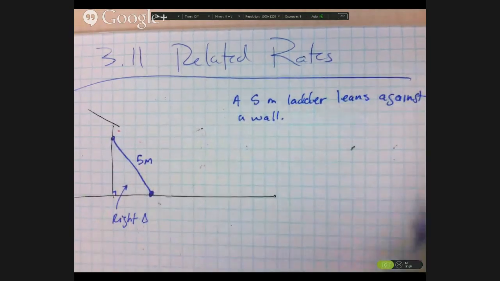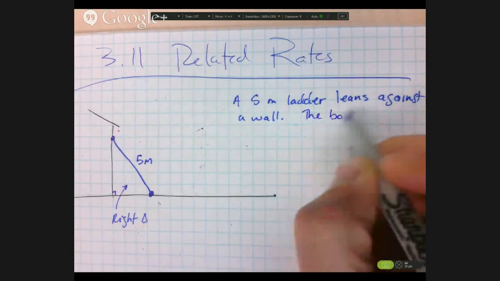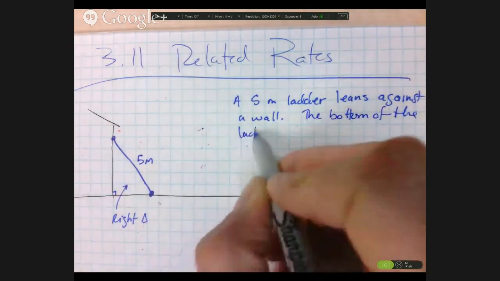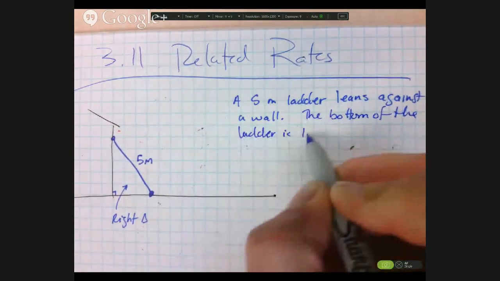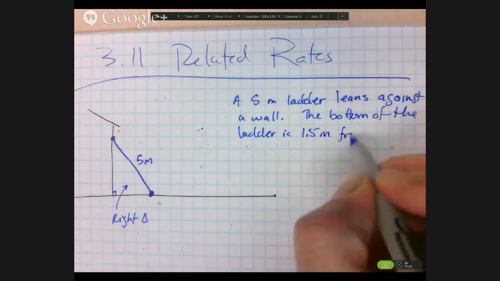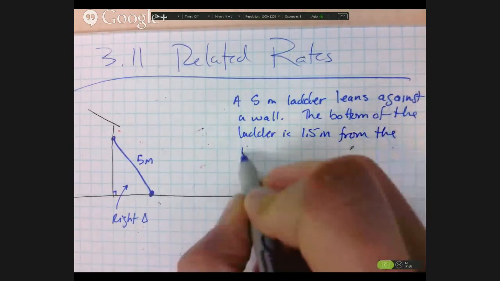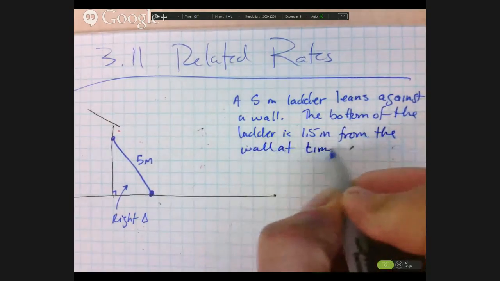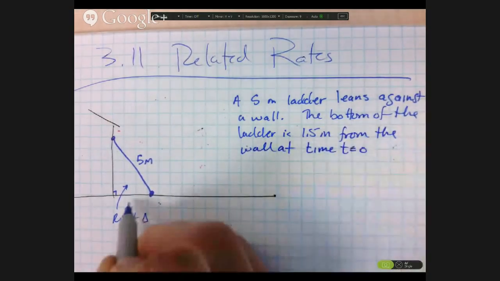The bottom of the ladder is 1.5 meters from the wall at time t equals 0.